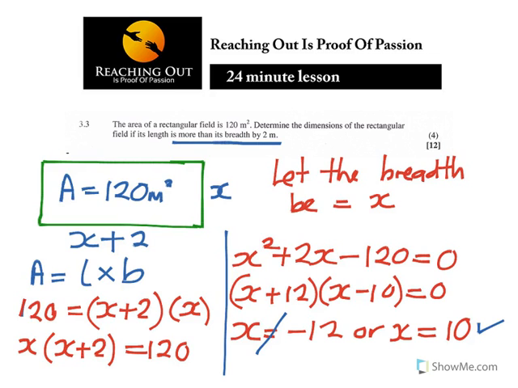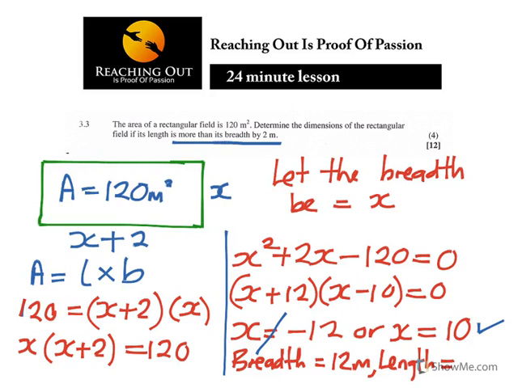Therefore, answering the final question, determine the dimensions. So we are going to say breadth equal to 12 meters, because they were measuring meters, and length equal to, remember, the length was x plus 2, which is 12 plus 2, which is what?